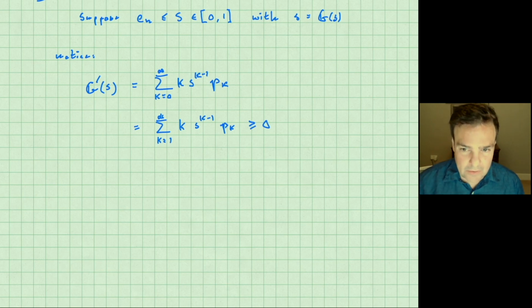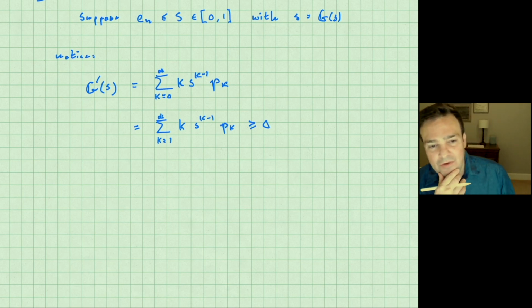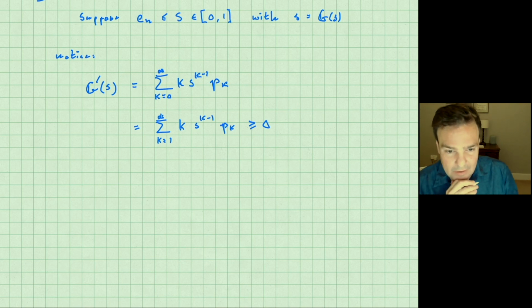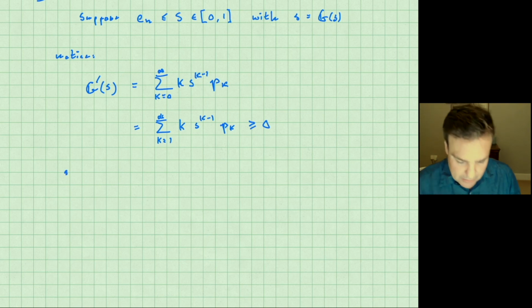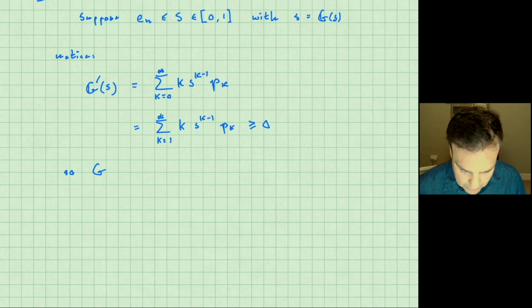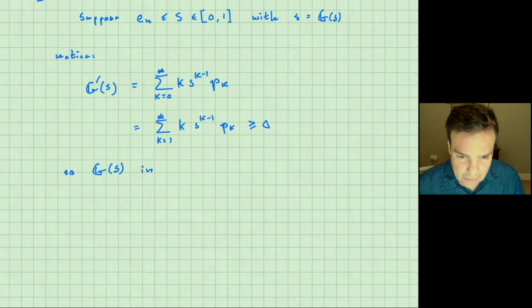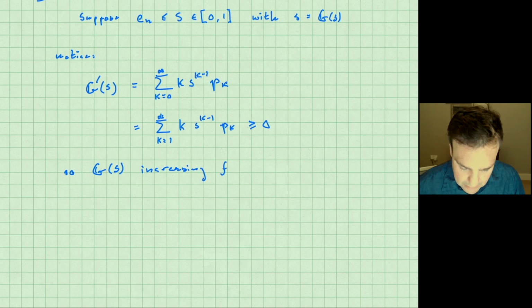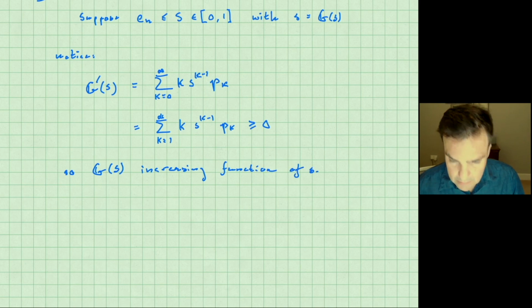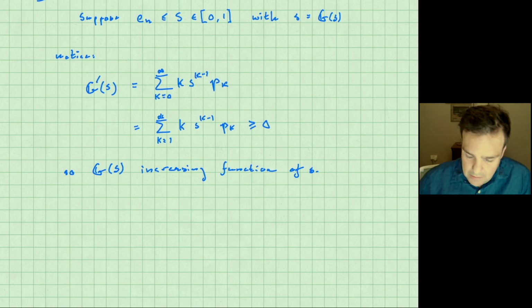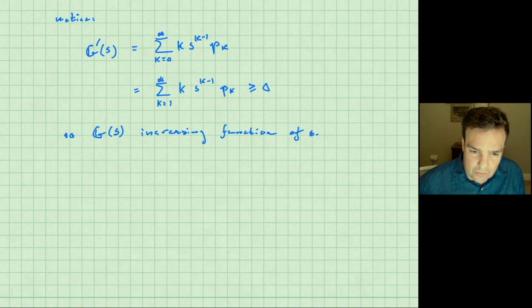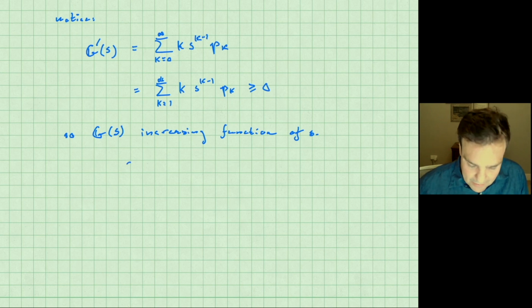All right, so if the derivative is positive, that means the slope is always positive. So this guy is always an increasing function of s. So then we do the following.